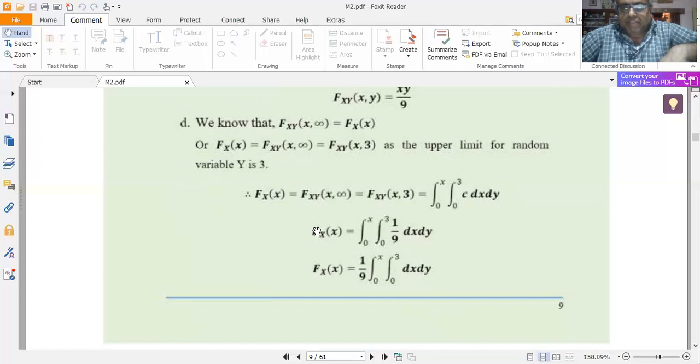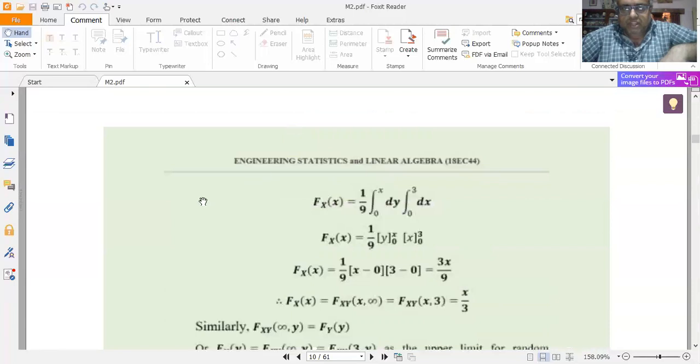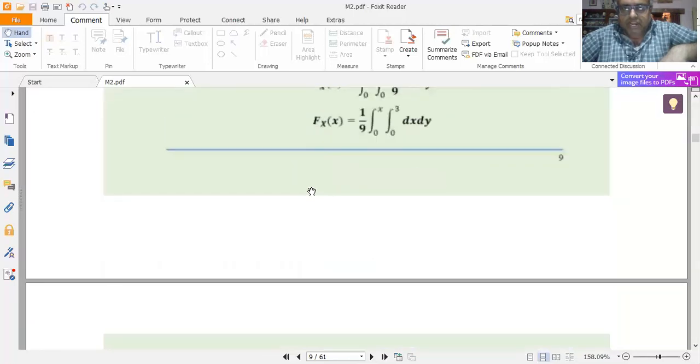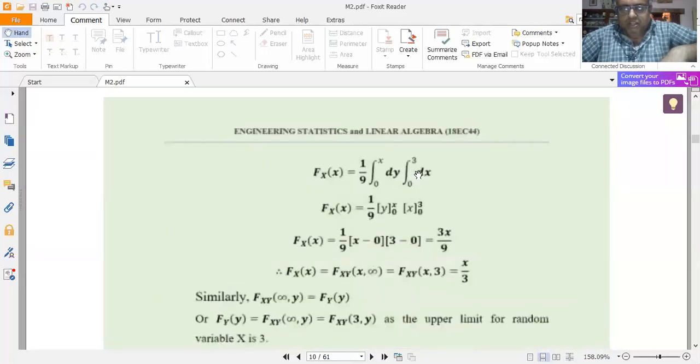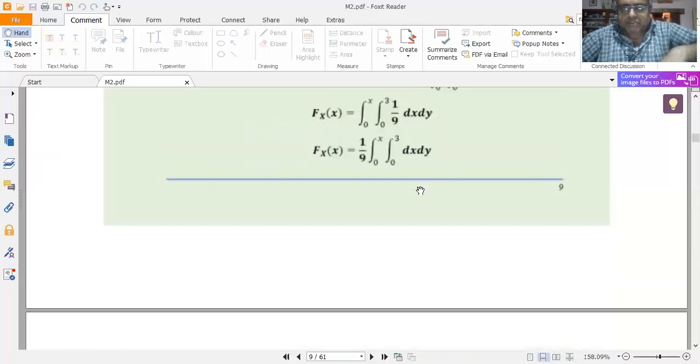I get capital Fx of x, that is the marginal CDF, equal to integral 0 to x, integral 0 to 3, 1 by 9 dx dy. 1 by 9 is a constant, so pull it outside. This becomes 1 by 9 into integral 0 to x dy into integral 0 to 3 dx.